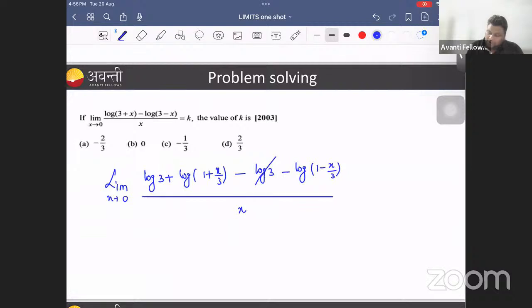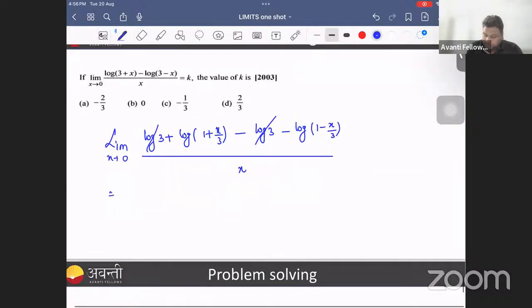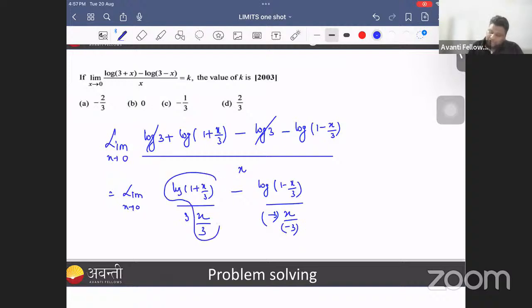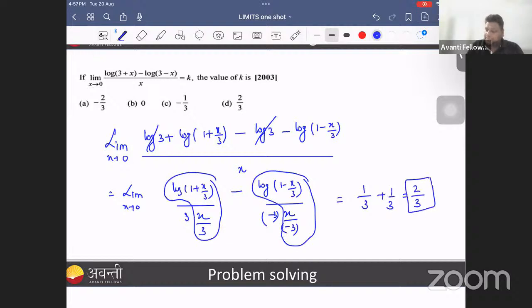Now the log 3 cancels. Let's split it: log(1 + x/3) minus log(1 - x/3), divided by x. Got it? Now multiply and divide by 3, and multiply and divide by minus 3. log(1 + 0) by 0 is 1, and again log(1 + 0) by 0 is 1. The answer becomes 1/3 plus 1/3, that is 2 upon 3.